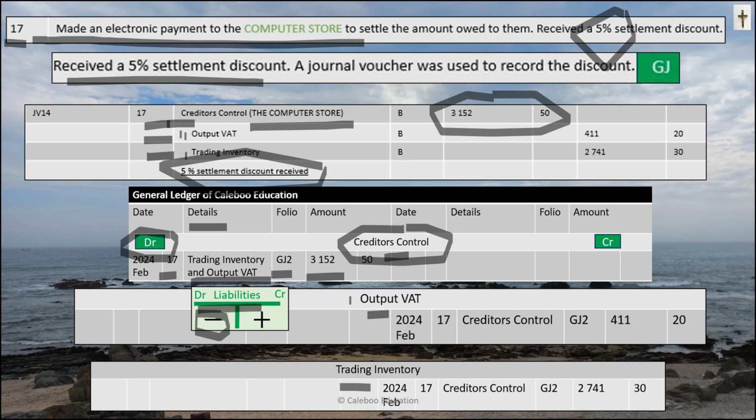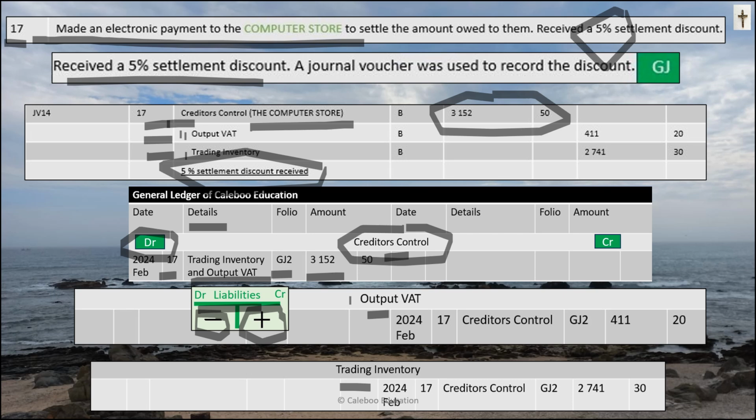Now, output VAT is an increase in liability because we're cancelling out the input VAT that we claimed on the original purchase. Because we're getting a settlement discount, the purchase, what we owe the creditor, has decreased.